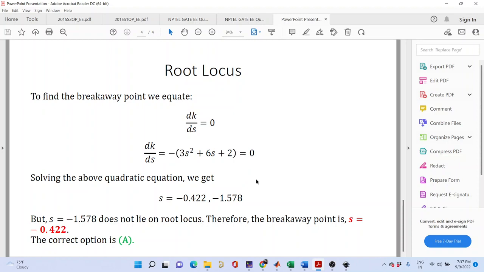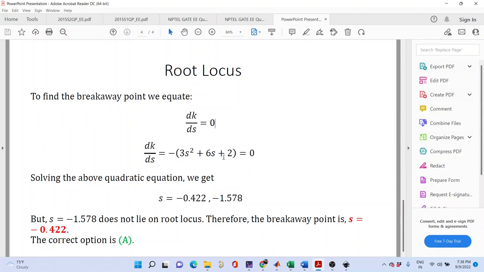Okay, so I would ask you to think about it. Maybe in the next class, I will ask you this question. Where from have you got dk/ds equal to 0? Why are you doing dk/ds equal to 0 without understanding why you are doing it? Just read if you can find somewhere, spend a bit of time and try to answer the question. Anyway, so you find dk/ds equal to 0.